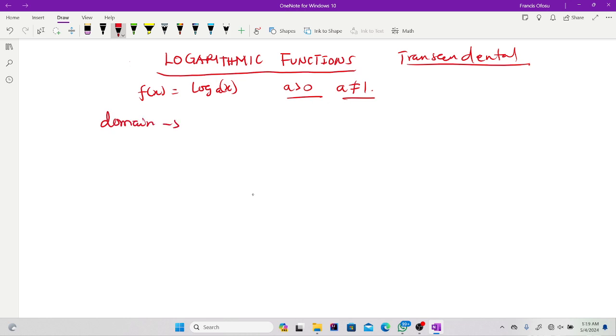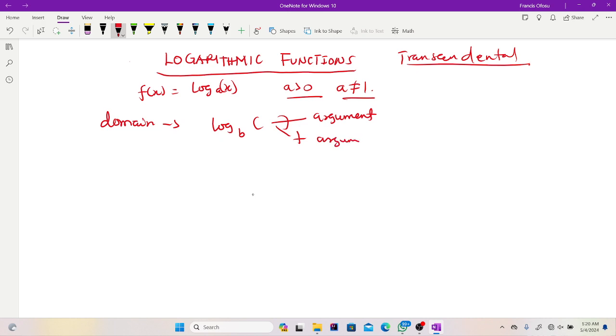Now let's see the domain and the range properties of logarithmic functions. When you talk about the domain of logarithmic functions, the argument, this we call it argument. So when I write log to the base, let's say b, whatever I put in here is what I call the argument. It's receiving an argument or an input. For logarithmic functions, it takes only positive arguments.